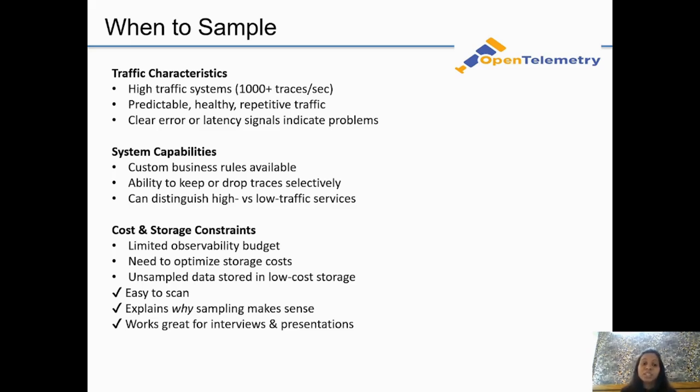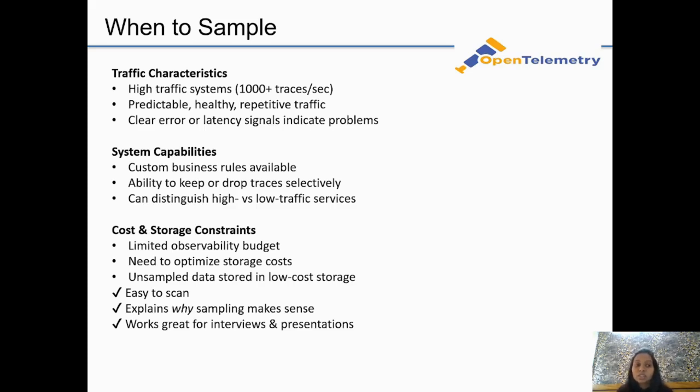Sampling is ideal when the traffic is very high, like 10,000-plus traces per second, and when requests are predictable and repetitive. Then, if we are facing errors or latency spikes that clearly indicate problems, there also we need sampling. This is all about traffic characteristics.